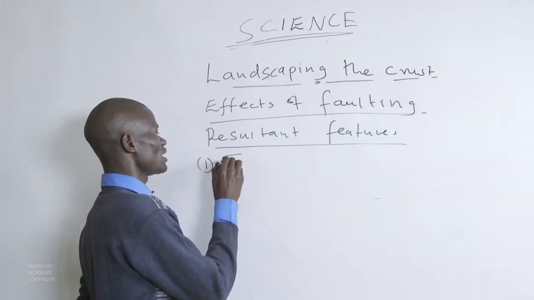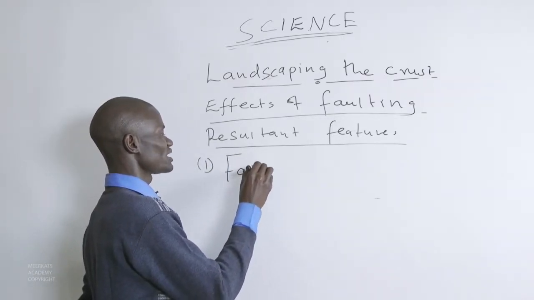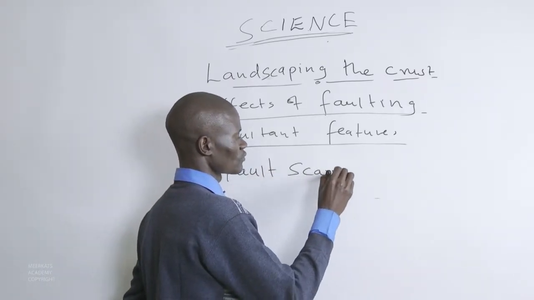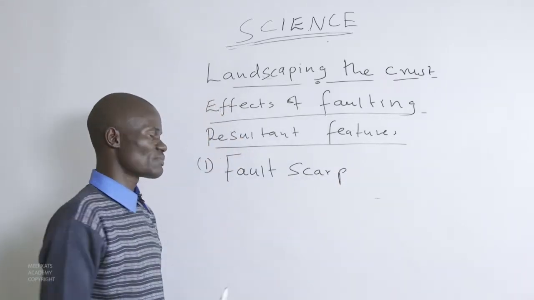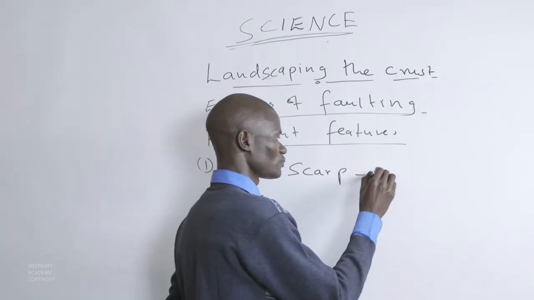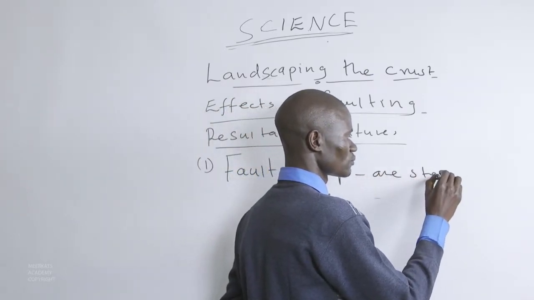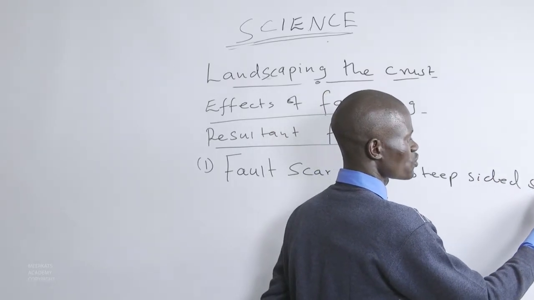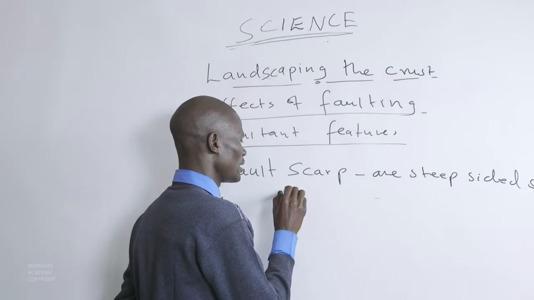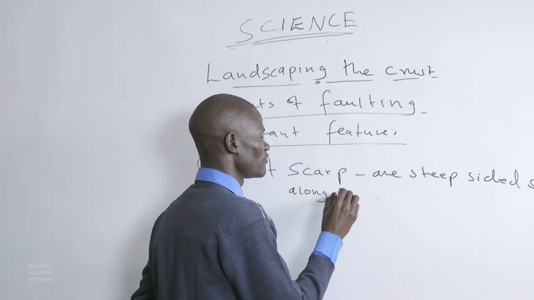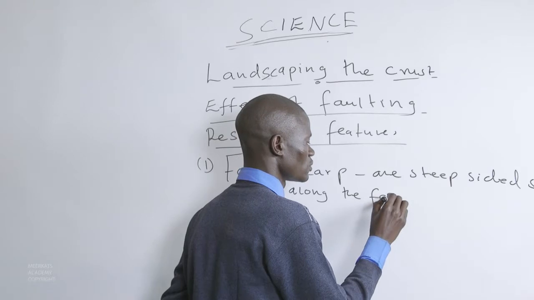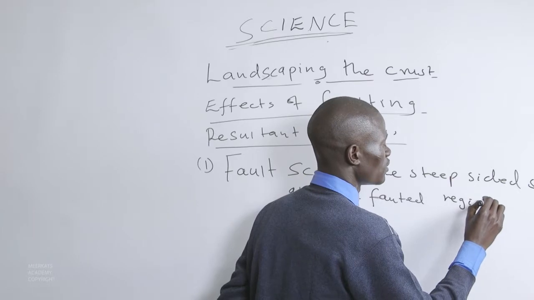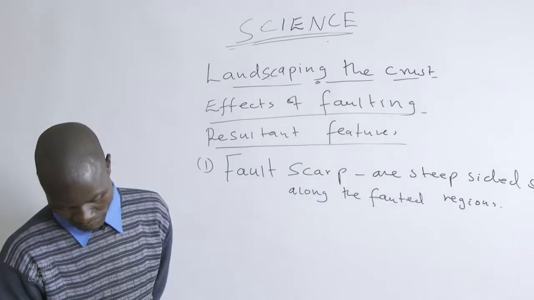One of the features is what we call the fault scarp. Fault scarps are steep-sided slopes along the faulted region on Earth's surface.